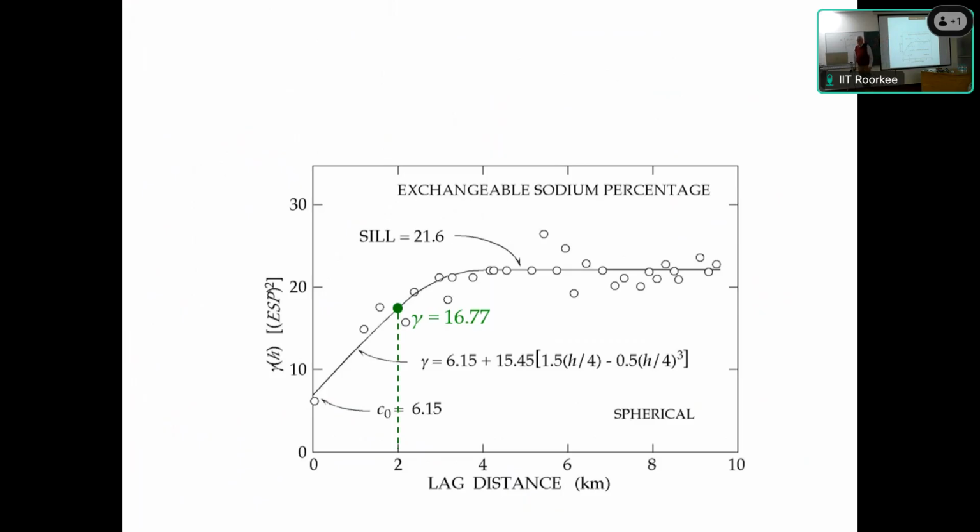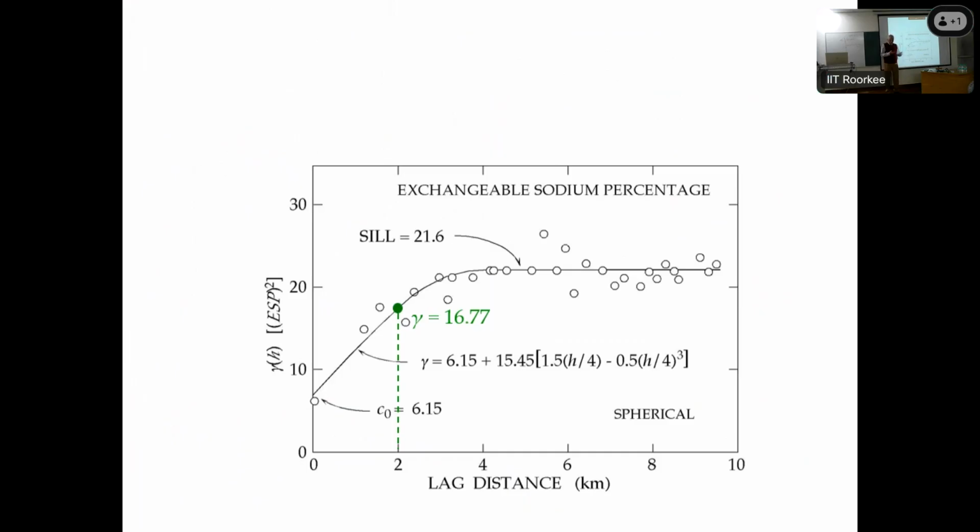5.8. That is the difference that we can expect for samples taken over 2 kilometer distance. How about the sill, 21.6? What do I need to calculate? 21.6 multiplied by 2 is 43.2.